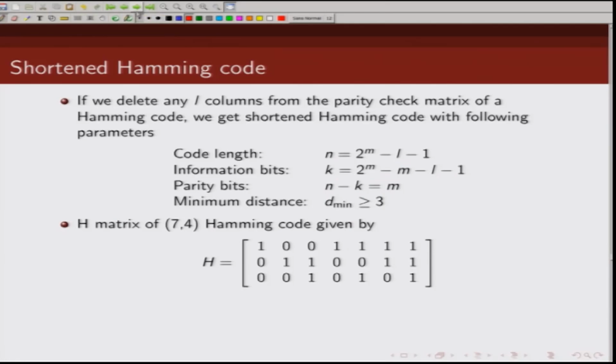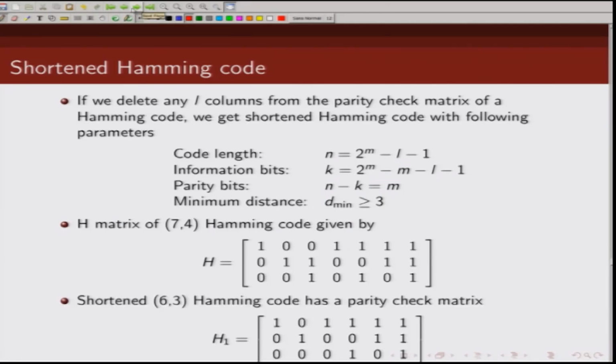So, let us say I delete this column, what do I get? I get a shortened 6/3 Hamming code. So, when I delete this, my n becomes 6 from 7, and my information bits also reduce from 4 to 3. This code also has minimum distance 3. You can see 3 columns will add up to 0. Let us say this column and this column add up to 0.